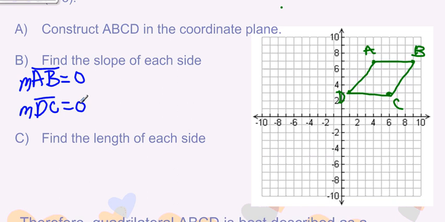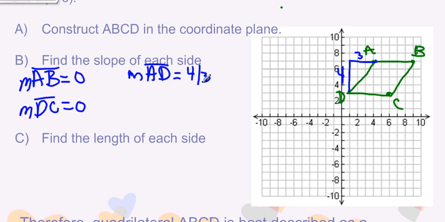Now, I do have a slope on AD and BC. So the slope of AD, I'm just going to go over here. I'm just going to count. I went up 1, 2, 3, 4, and I went over 1, 2, 3. Okay, so I went up 4/3.